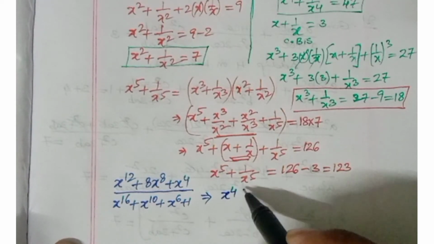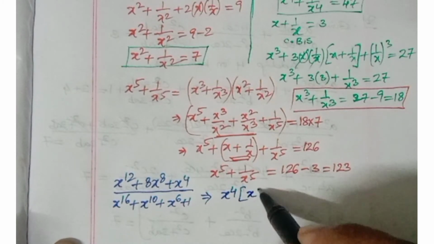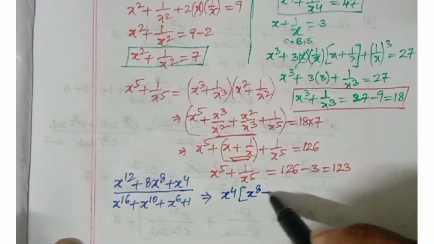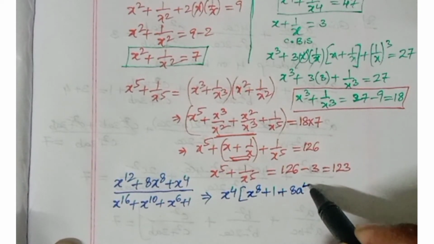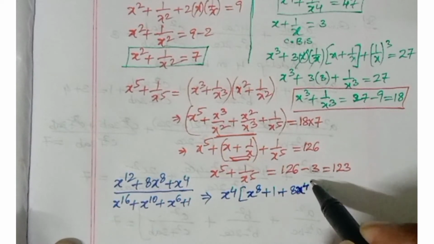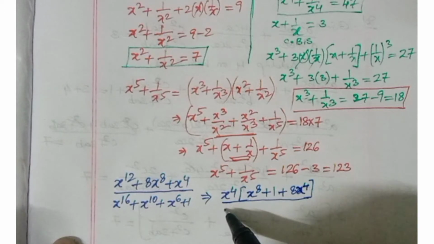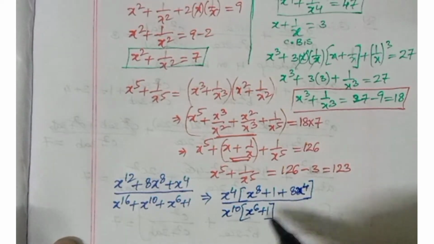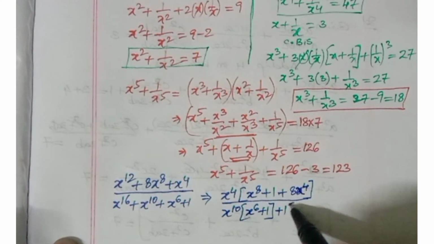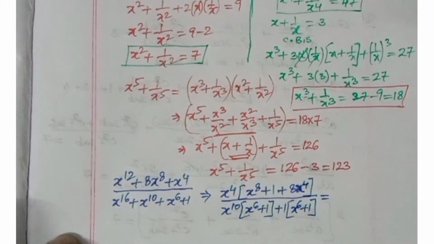Here I am taking x power 4 common in the numerator, so we get x to the power of 8 plus 1 plus 8 x to the power of 4. In the denominator I am writing the factors: x to the power of 10 common in the first two terms, x power 6 plus 1, plus 1 into x power 6 plus 1, factors I am taking.